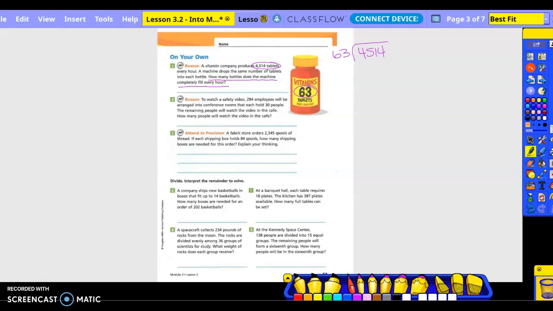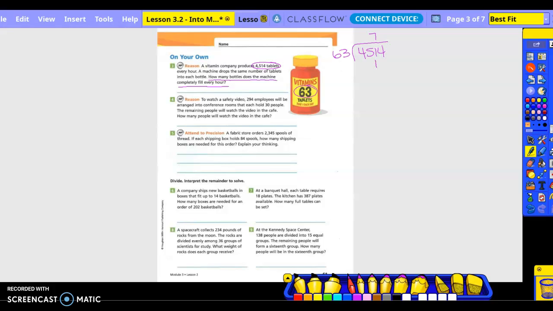63 into 4. 63 into 45. 63 into 451. So 63 can be rounded to 6, right? How many times does 6 go into 45? 7. Let's try it. If we need to, we can adjust it. 7 times 3 is 21.